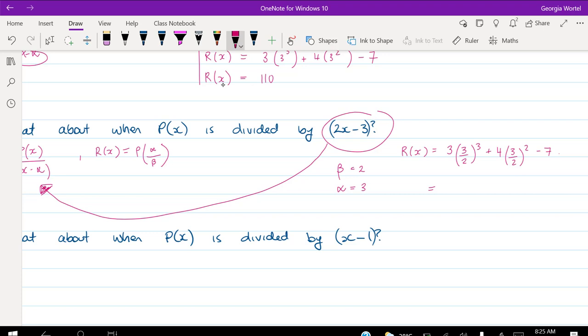Your remainder should be equal to, if you sub that into your calculator, or you could work it out manually, 35 over 4. So again, working out the remainder without really going through the whole division process.